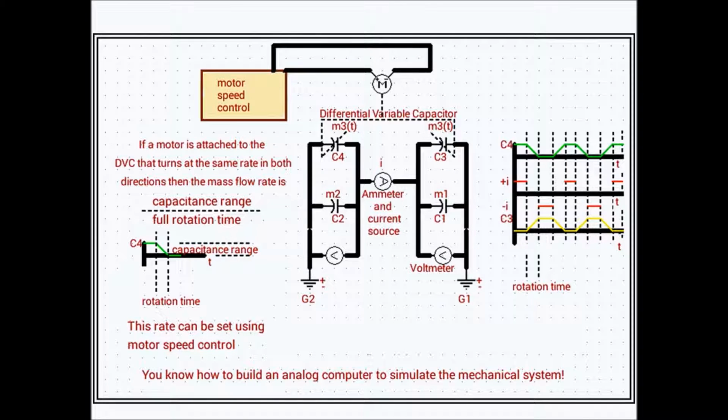After this motor speed control rotation of the motor is complete, we now reverse the polarity of the current source, and this is equivalent to a force trying to pull the two masses together.